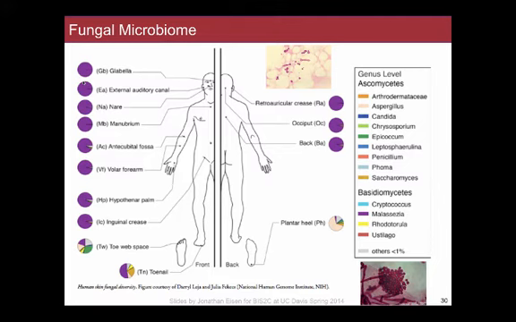And there's definitely some indications in the last couple of years that people with different health statuses also have variation in what fungi you find on different parts of their body.